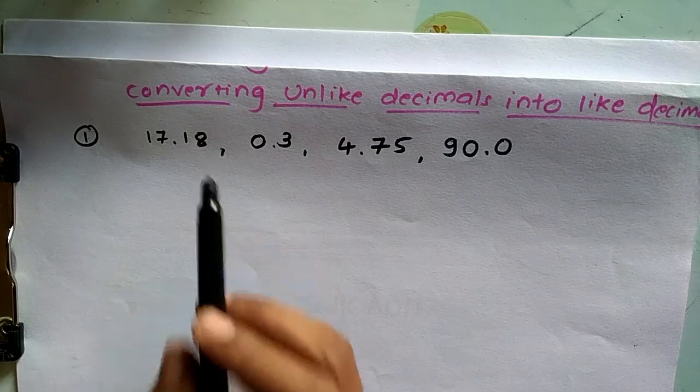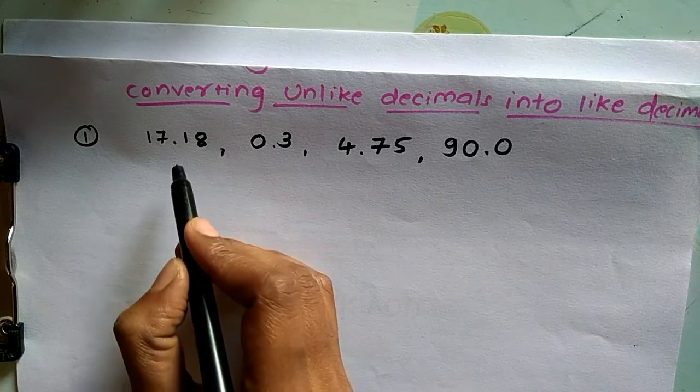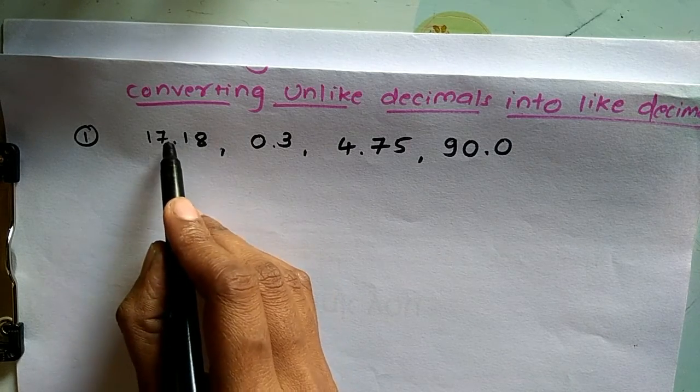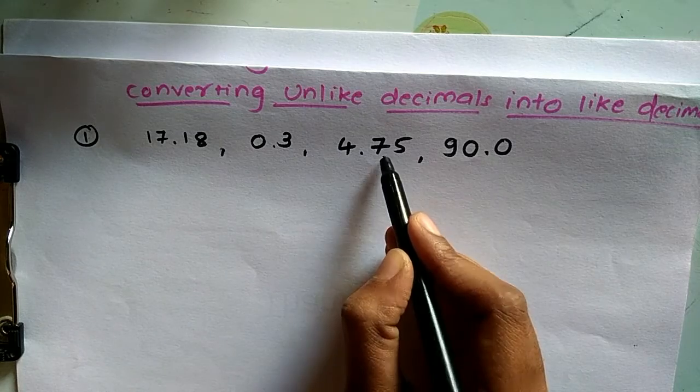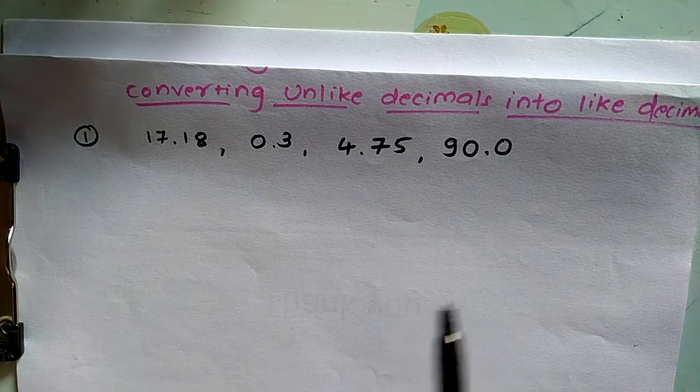You can see here like decimals means what? The decimals with the same number of decimal places. So here you can see we have the 2 decimal places after the point. Here we have 1, here we have 2 and here we have only 1.